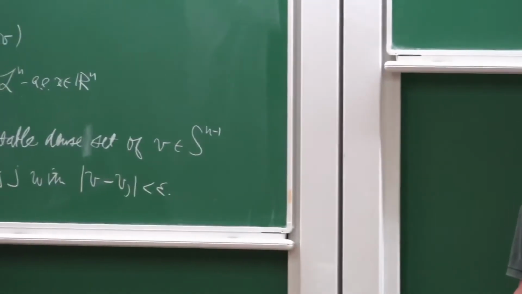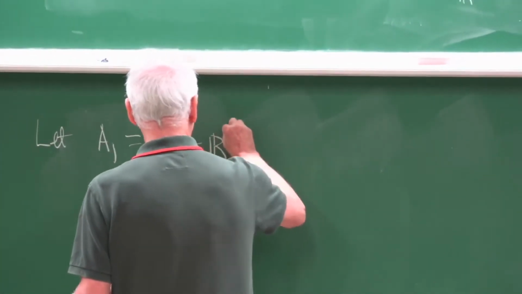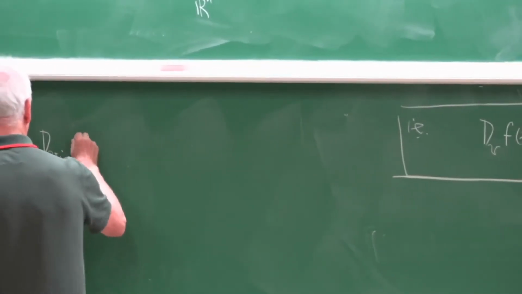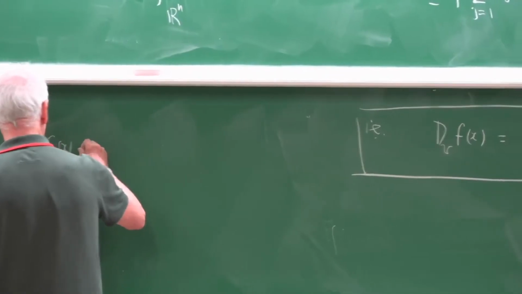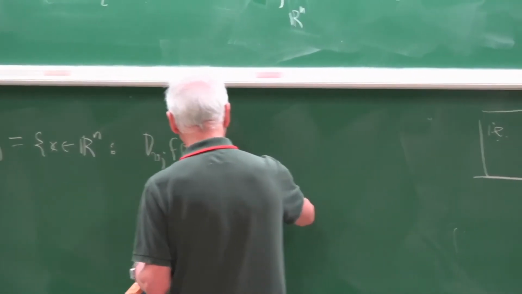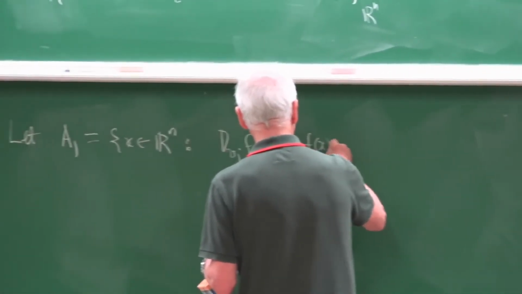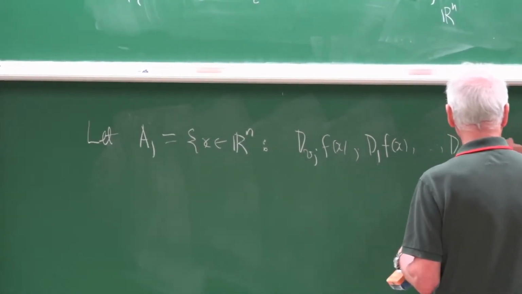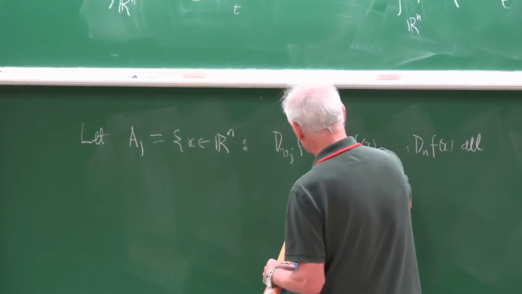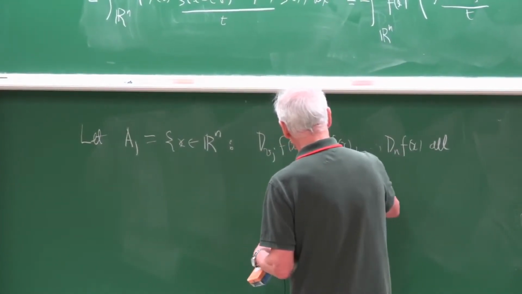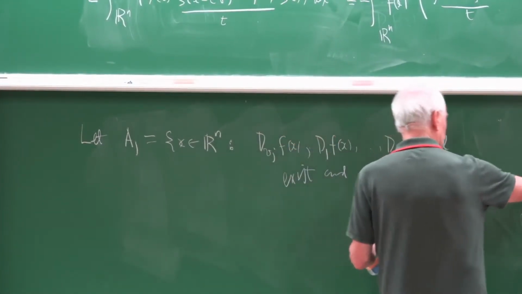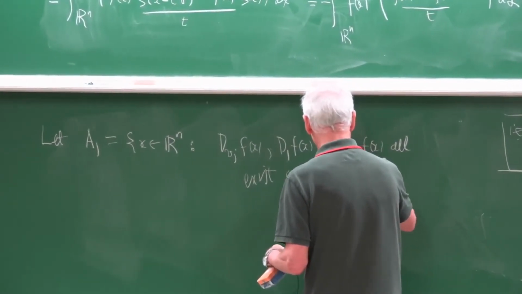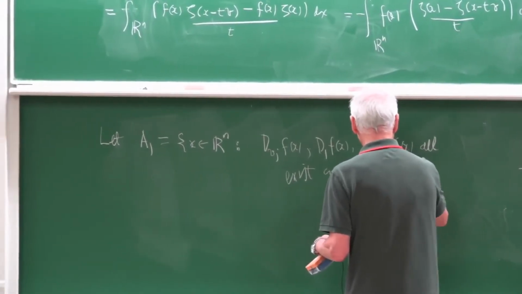be the set of x in Rn such that dvj f of x exists, and all the partial derivatives individually exist, and they're given by this standard formula, dvj f of x equals the sum.